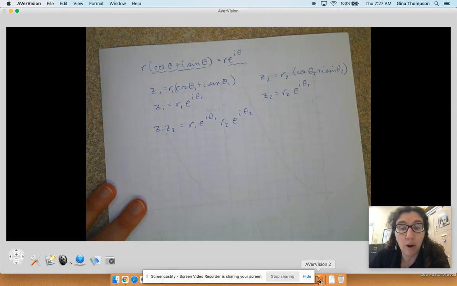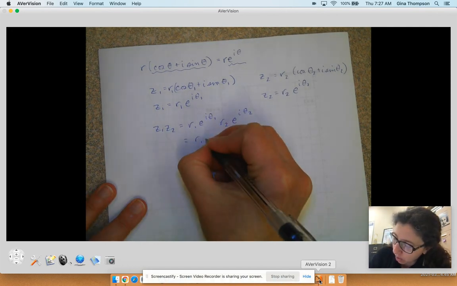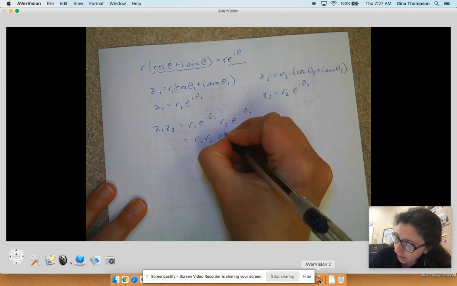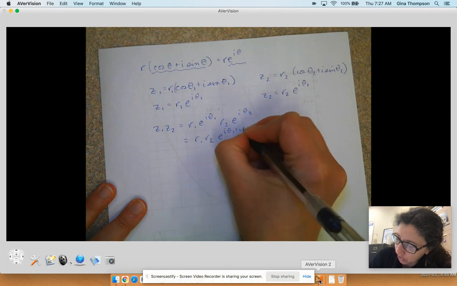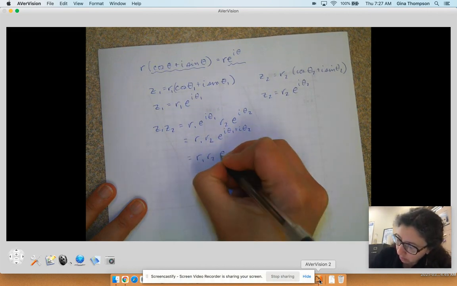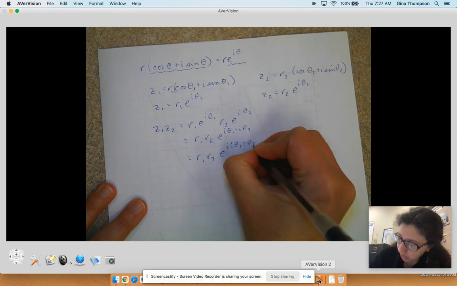And we just use our properties of exponents, which we've all got ready, right? And this is just going to be r1 r2 e to the i theta 1 plus i theta 2, which we could just write like that.